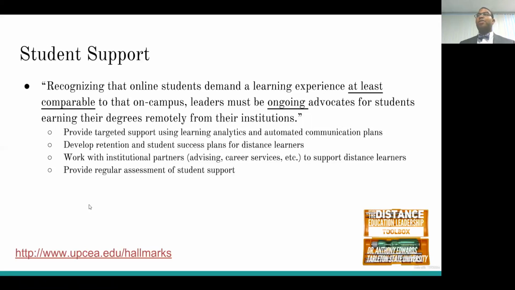Now, ongoing advocates. Sometimes it's easy to say, well, I'm going to do this one time or do that one time and see if it works. But we have to be ongoing advocates and promoting students, and what they're doing in terms of distance education. Because it's easy to promote the students who are on campus.